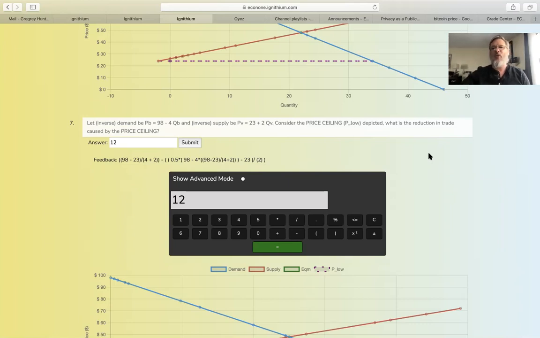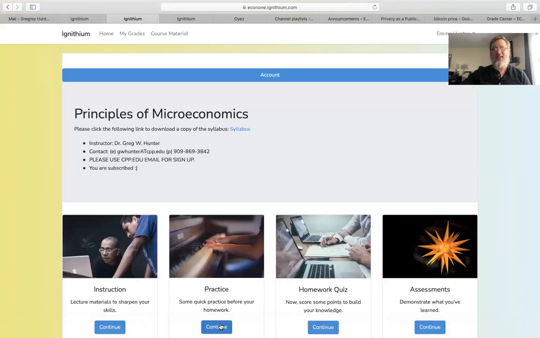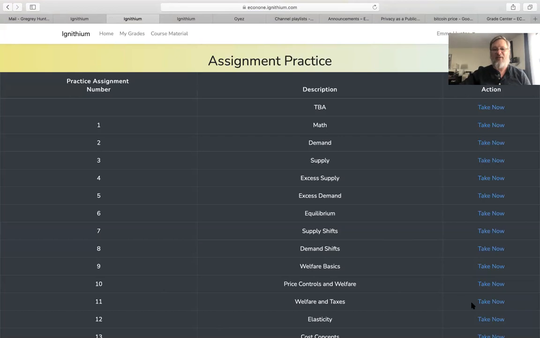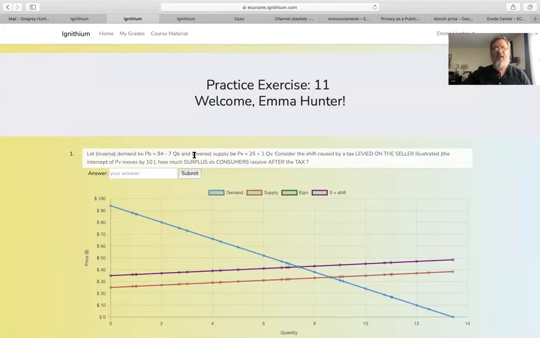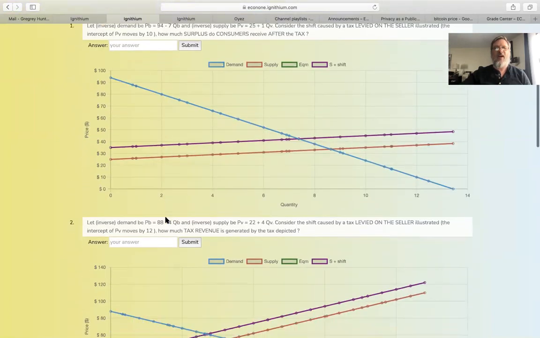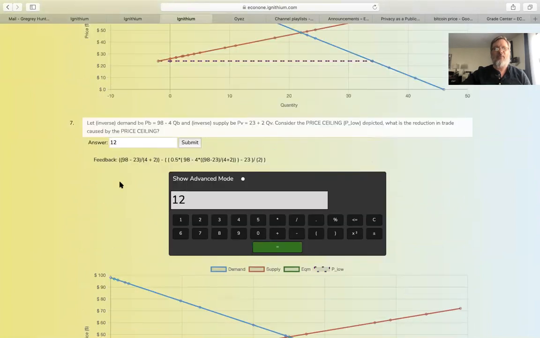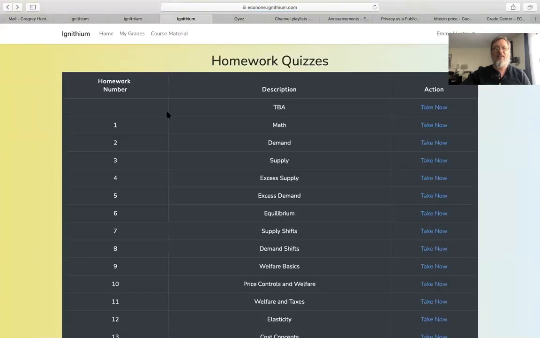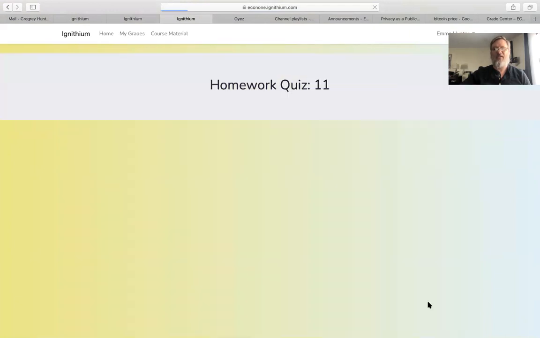So I know that maybe the smart thing to do is, between now and Thursday morning, look over the problems on the quiz. If we look at this week's, because this is what I want to transfer to, what we're doing now, we're on 11, welfare and taxes. I don't think they're in the same order. But if we go to the quiz for this week, you see we have our 10 questions, right?